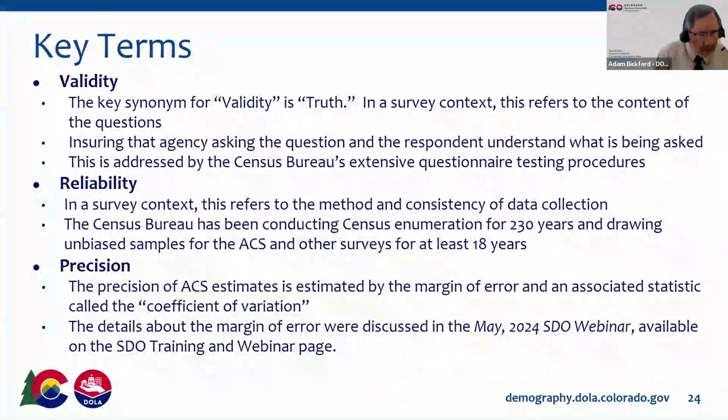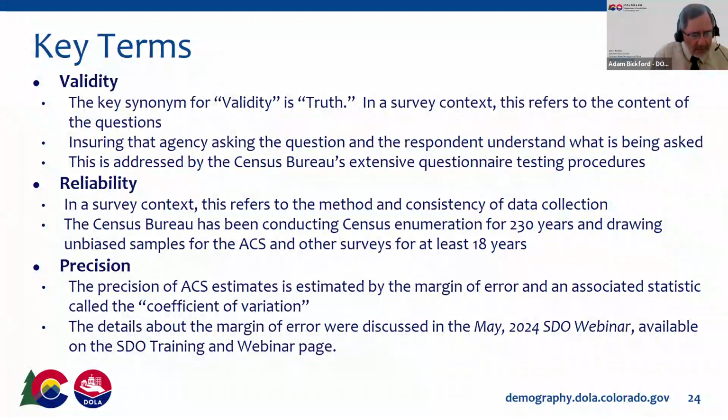And they've produced unbiased samples of the population from the ACS for at least 18. They're really worldwide leaders in the method and consistency of data collection. So reliability of these results and the validity of these results really are not issues.